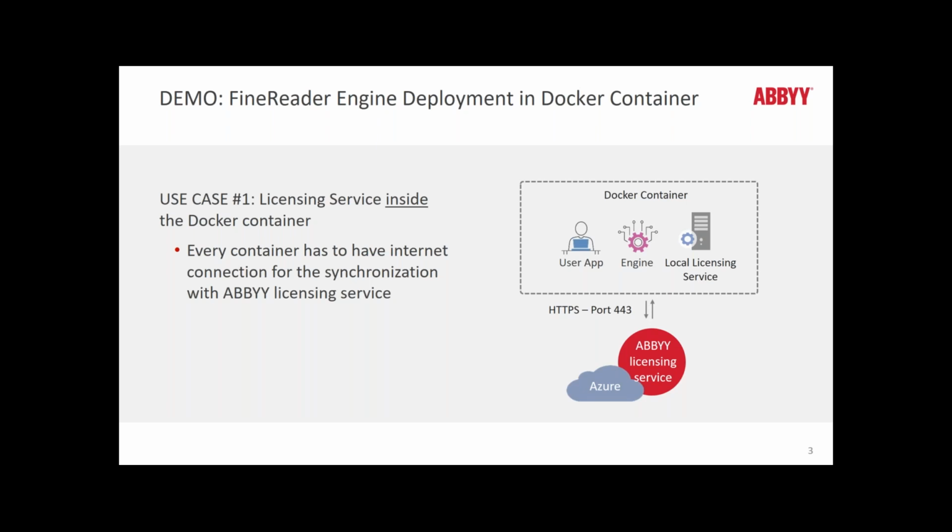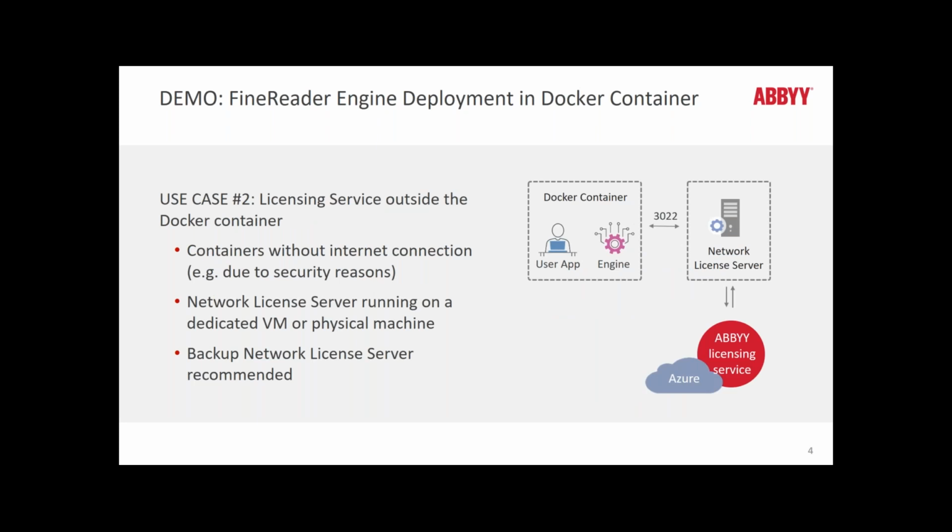Just have everything installed on a Docker container. It is the simplest setup. After starting a container, we start the licensing service and everything is up and running. All right, so this will be use case number one.